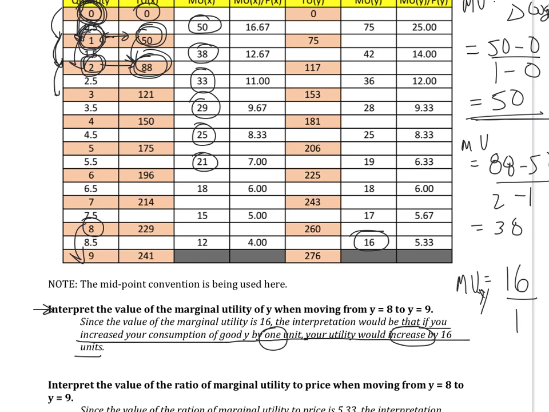That's saying if you increase your consumption of Y by 1 unit, then your total utility would increase by 16 units of utility. So if you increase your consumption of Y by 1 unit, you increase your total utility by 16 units of utility, okay?